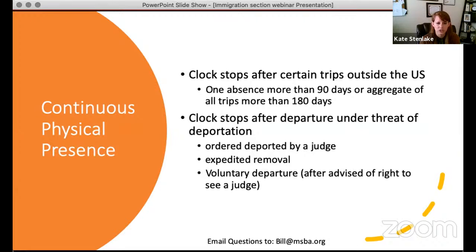A voluntary departure typically will stop the clock because they're usually taking voluntary departure in lieu of an order of deportation. But there is some case law to suggest that if there's no evidence that they were actually advised that they had a right to see a judge or that they were taking it in lieu of an order of deportation, it might not stop the clock. So you'd have to look at the case, look at the actual circumstances.